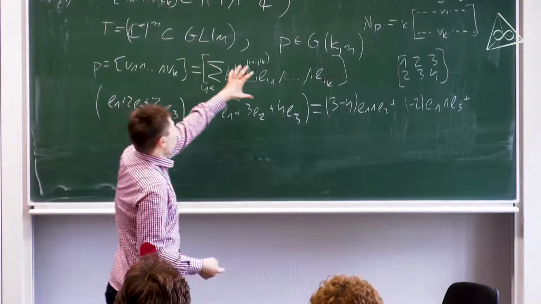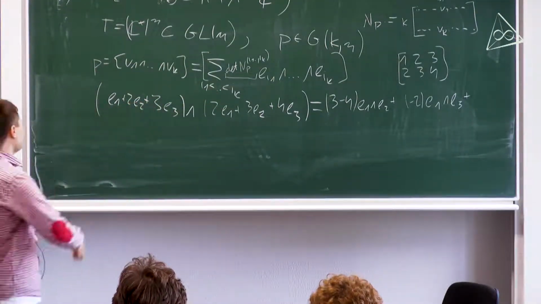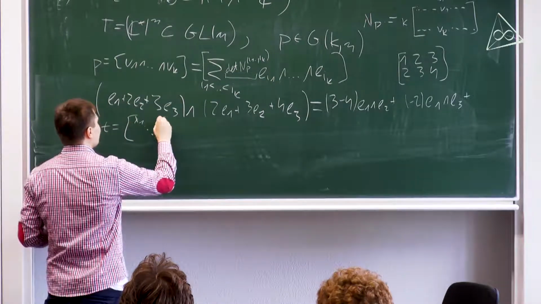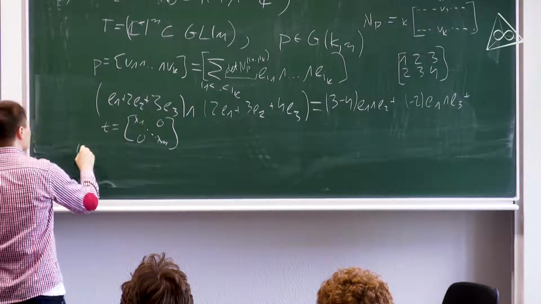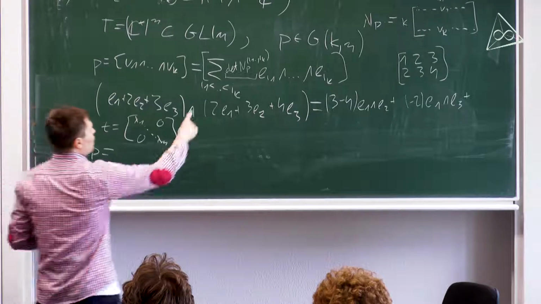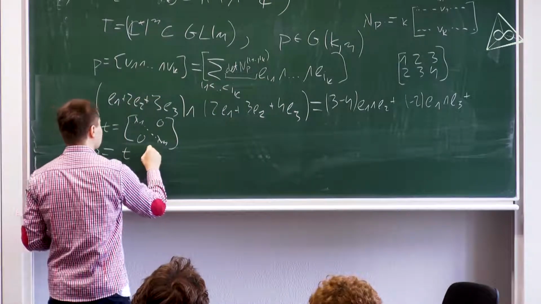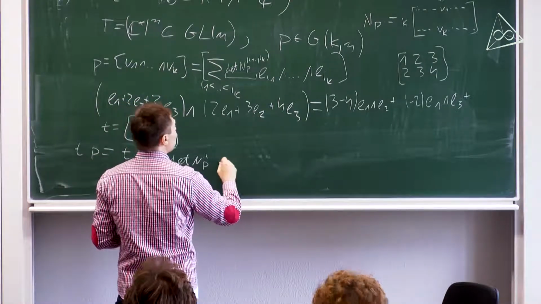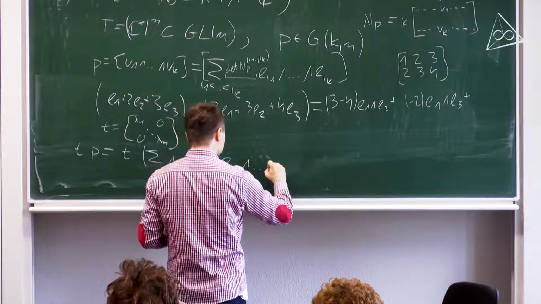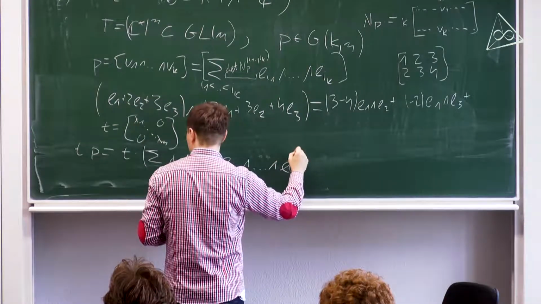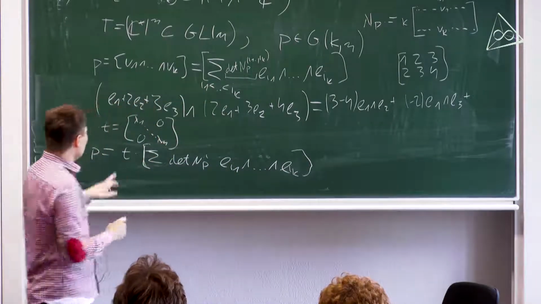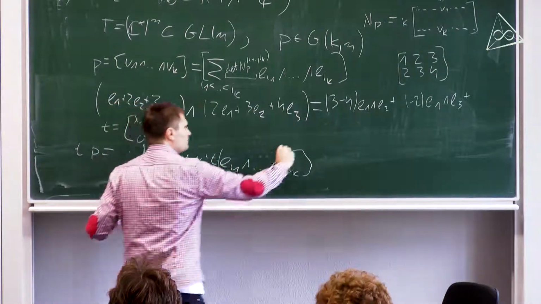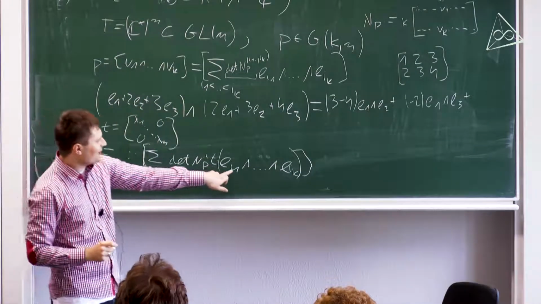So we have this expression. And now we act with a diagonal matrix T, that is, let's say, with lambda_1, ..., lambda_n on the diagonal and zeros elsewhere. So what happens if we act with T on P? Well, this action is linear, so we have to act with T on this vector. How does T act on this?